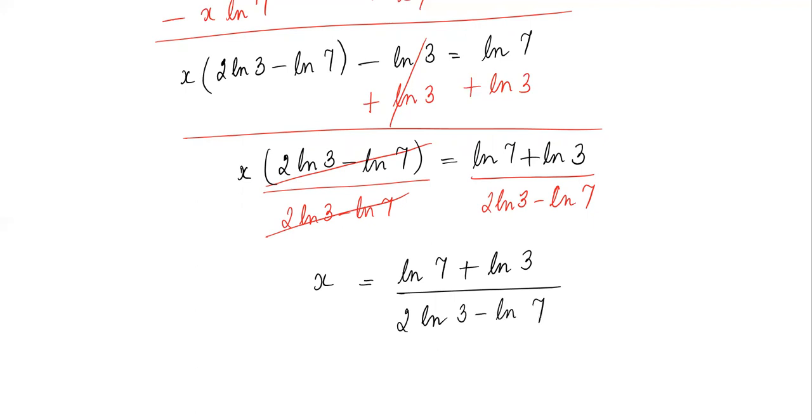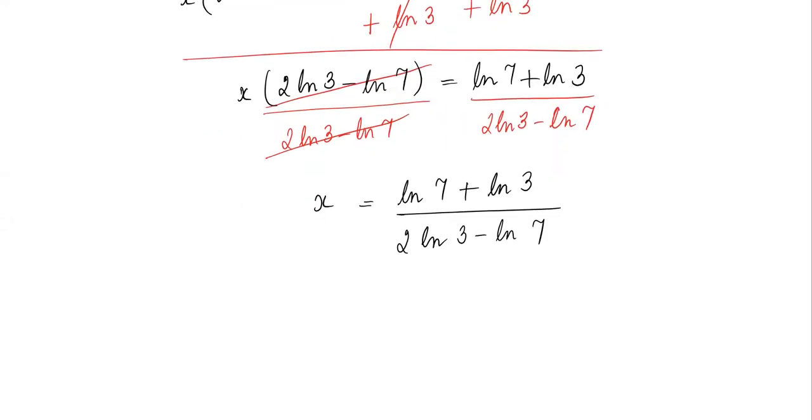Most often for these kinds of problems we ask you to leave them the way it is, but if you are asked to provide a decimal answer, then your answer will approximate to 12.11. So remember to either write it like this or leave it in the form previous to this step.